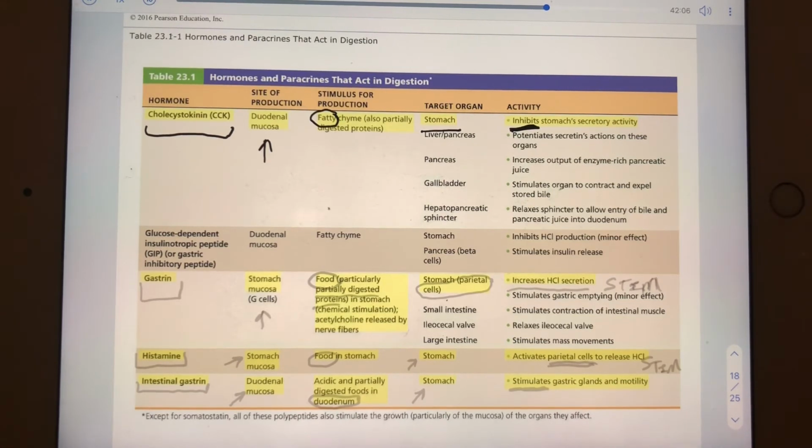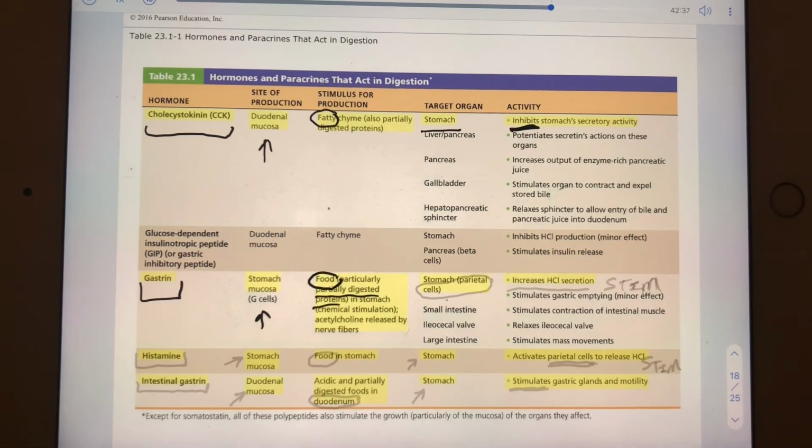We've also talked about gastrin. Well, gastrin's actually produced in two primary places within the alimentary canal. There's gastric gastrin, meaning the gastrin that the stomach itself produces, okay? And gastrin is produced in response to really the arrival of food.